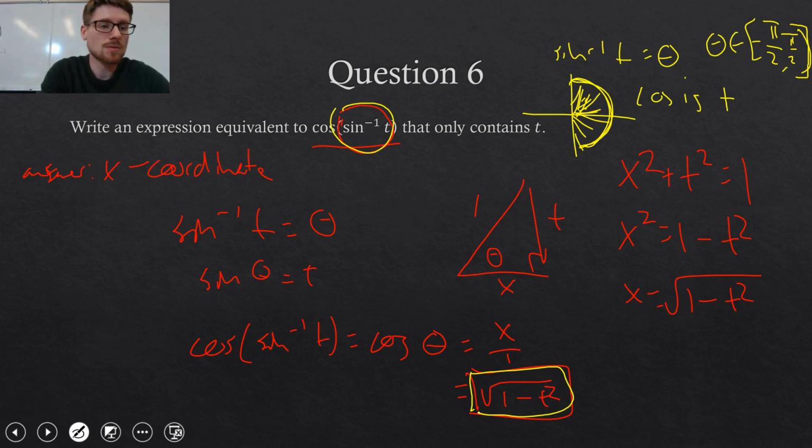And that works for any t you could plug in. So if you put a negative in, you'll get a negative angle, but the cosine of that is still positive. If you put a positive t in, you'll get a positive angle inside, and the cosine of that is positive. And so it doesn't matter if t is negative or positive, we'd still get that same positive result, square root of 1 minus t squared.